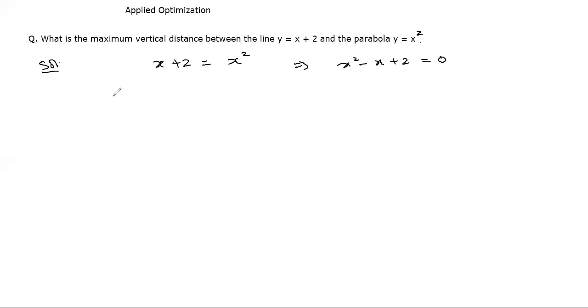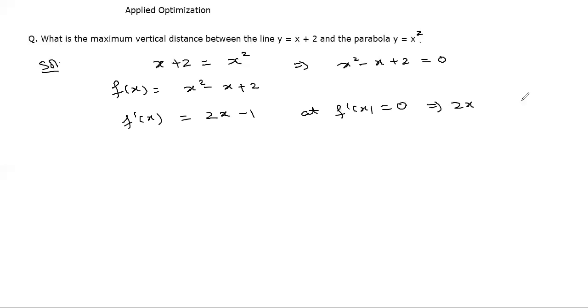Now assume there is a function f(x) which is x squared minus x plus 2, and we have to optimize this function. We have to minimize this function. The first derivative of this function is 2x minus 1, and applying the FOC, equating the first derivative to 0, gives 2x minus 1 equals 0, or x equals half.